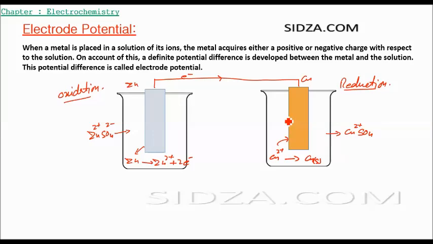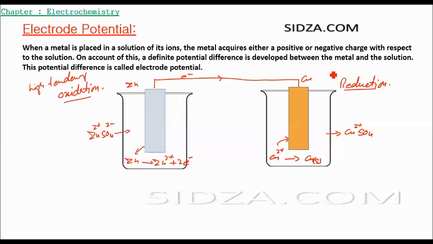When we connect the zinc rod with the copper, we find the zinc undergoes oxidation and the copper undergoes reduction. So zinc has a high tendency to get oxidized and copper has a high tendency to get reduced. That's why zinc loses electrons and copper gains.